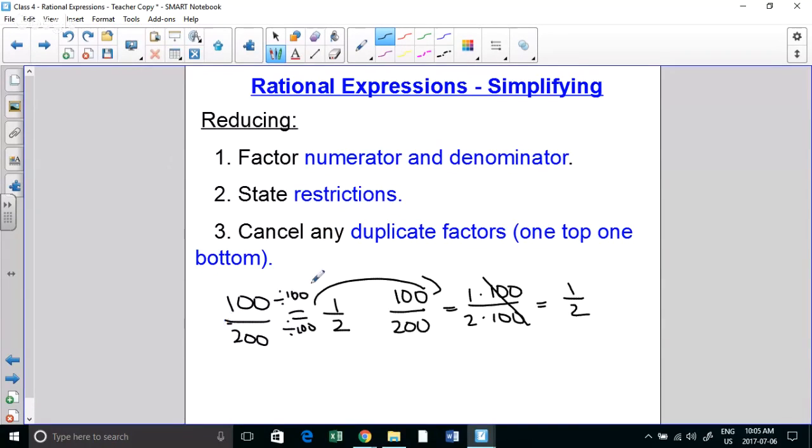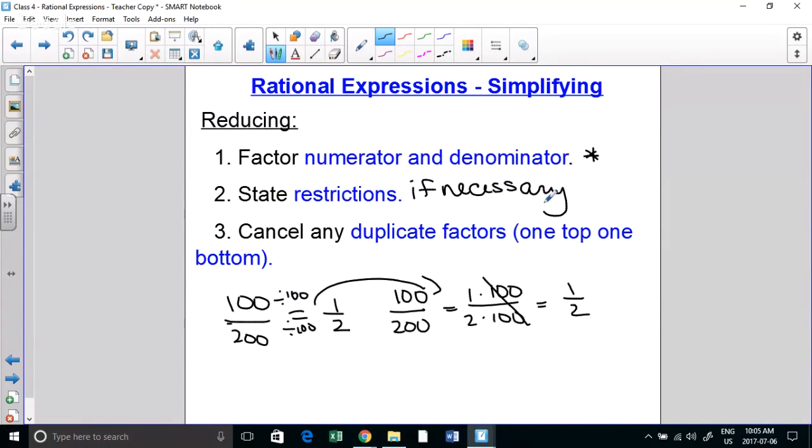So kind of like with radicals, we are separating it into factors that can cancel out and reduce. So this is what we're going to be doing with rational expressions. You're going to factor now the numerator and denominator. You're going to restrict expressions if necessary.